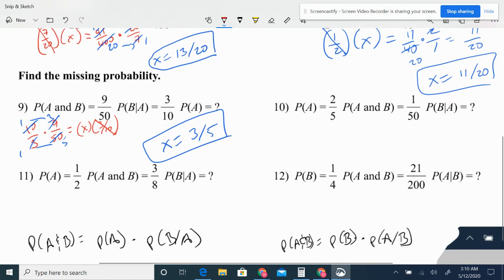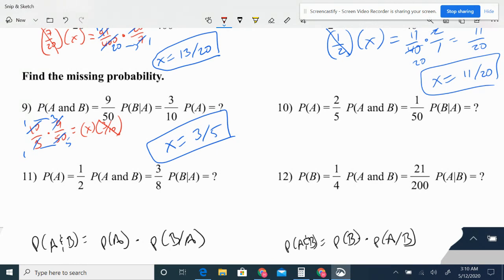Now let's take a look at question number 10. I see I'm given probability of A, so I'm going to be using the first formula. So according to my formula, probability of A and B, that's 1/50, equals probability of A is 2/5 times probability of B given A is X. I don't know what that is.